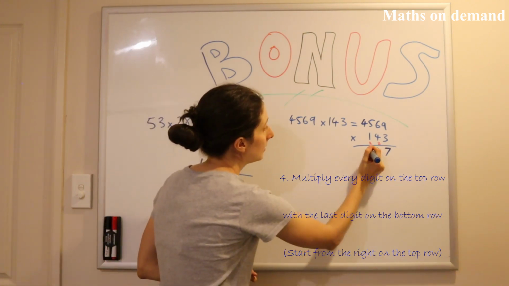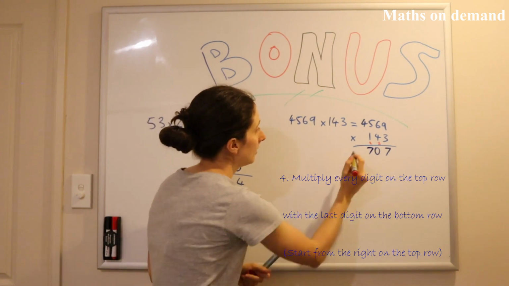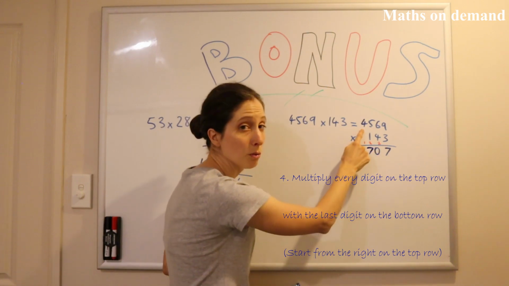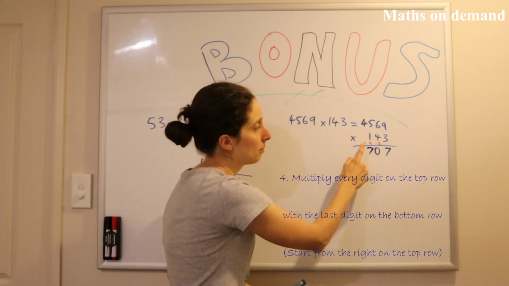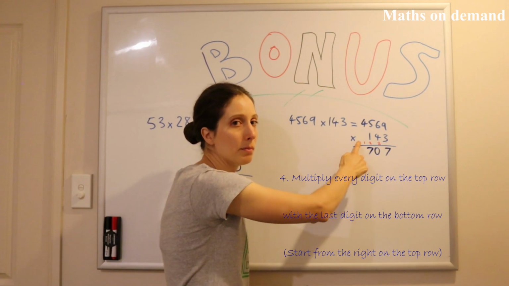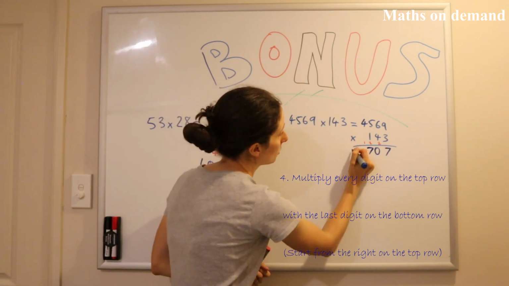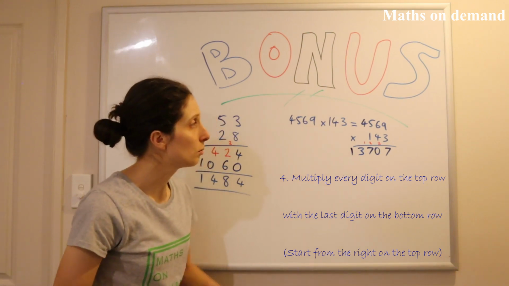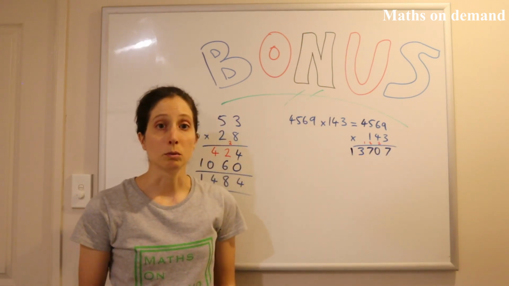Write the 7, carry the 1, and then we're up to 3 times 4, which is 12. Plus 1 makes 13. And we write both of them there because there's no more multiplication to do with the 3. What do we do next?